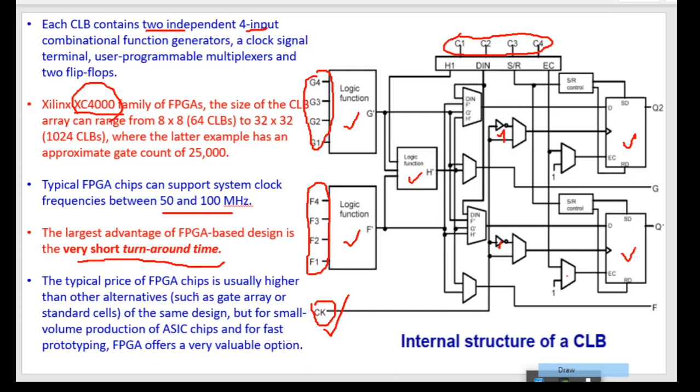The typical price of FPGA chips is usually higher than other alternatives, because the price of one Basys 3 board is around 15,000. Suppose you are dumping one hardware on a Basys 3 board and you want to use it in some big system design, then that board will cost you just 15,000. If your circuit is small, then you may feel that it is a bit costly affair to realize the hardware function in 15,000 rupees.